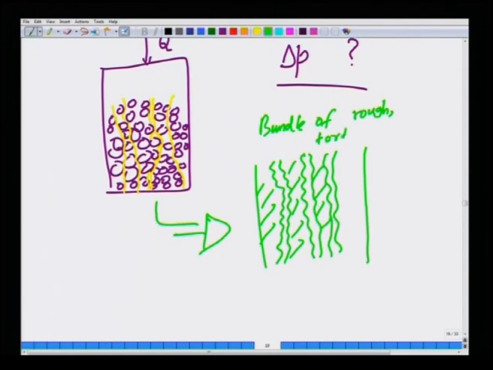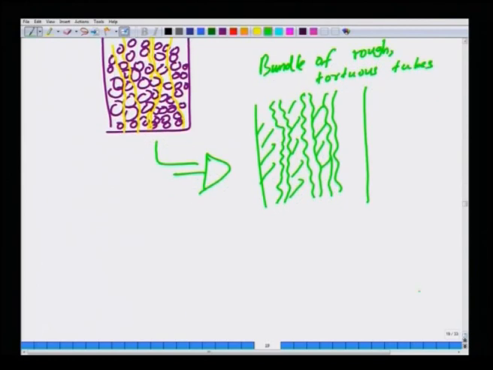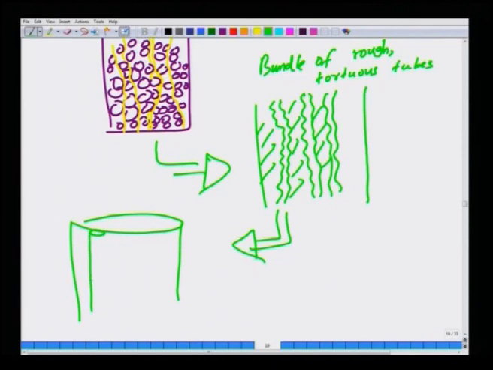Now we are going to assume further, as a simplification, since this problem is way too complex, that this can be simplified as a bed of uniform circular tubes, such that the surface area and the total void volume in this problem will match with that of the real packed bed.